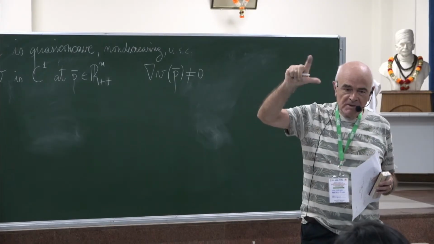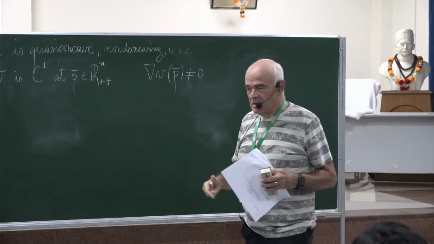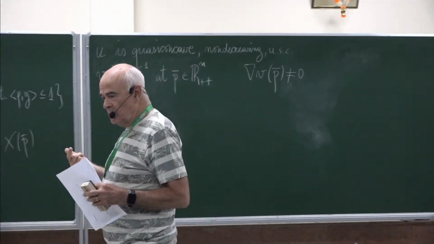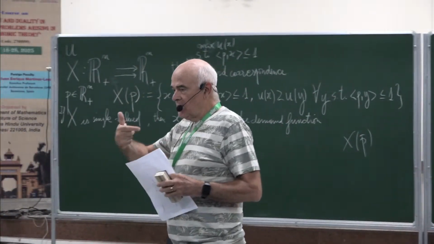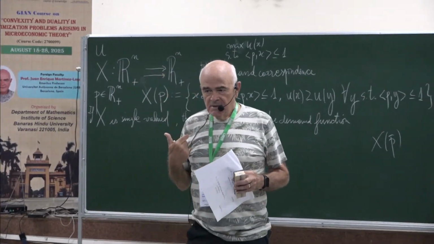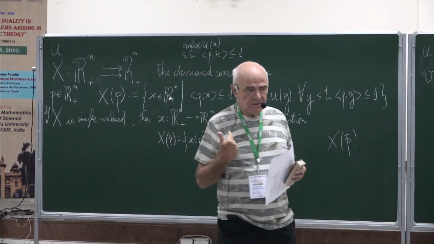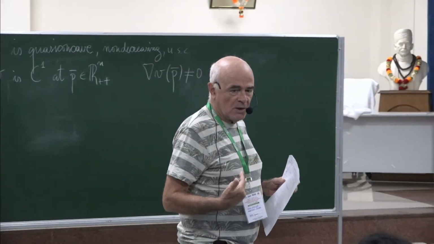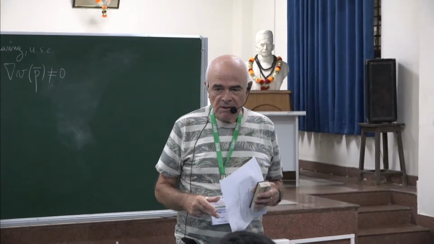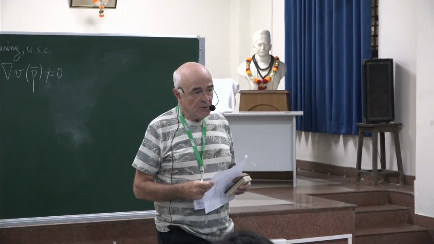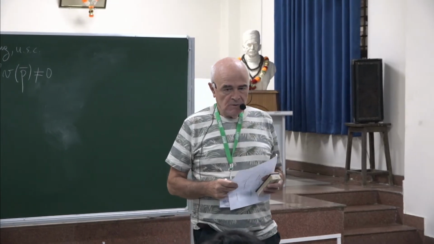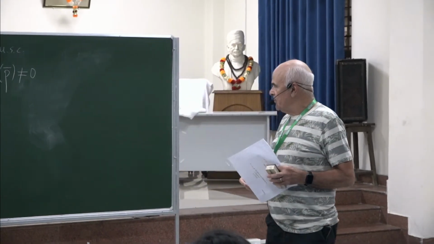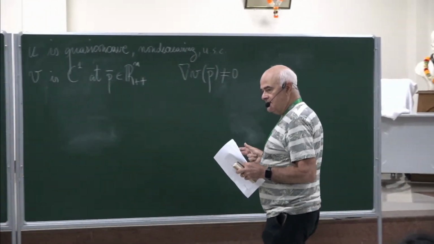So the properties that he was imposing on U suitably translated to the quasi-convex framework. Then V is also C1. This type of result. Really beautiful and non-trivial at all. Okay? But we are doing only easy things here.